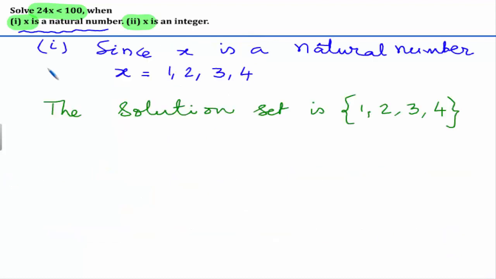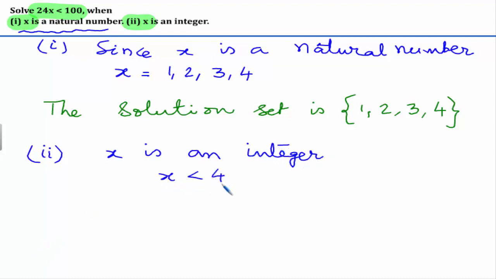Now in the second part, here x is an integer. When we say x is less than 4.17, then we get 4, 3, 2, 1. Don't get surprised when I am writing from right to left, because on the left side we get infinite values and all negative values.